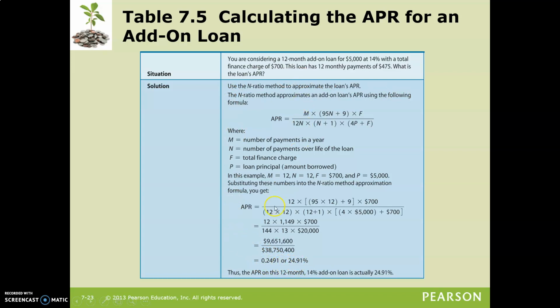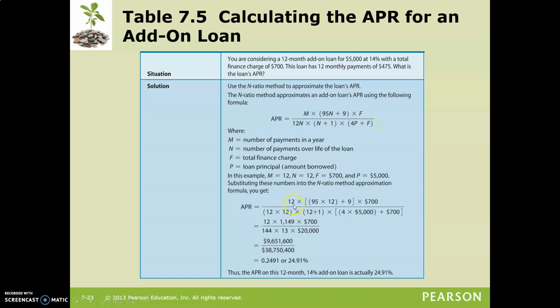Yeah, so you have 12 months. APR equals the number of payments in a year times 95, N is the number of payments over the life of the loan, plus 9, times F, the total finance charges, divided by 12 times N, the number of payments over the life of the loan, plus 1, times 4, P, the loan principal, plus the finance charges.